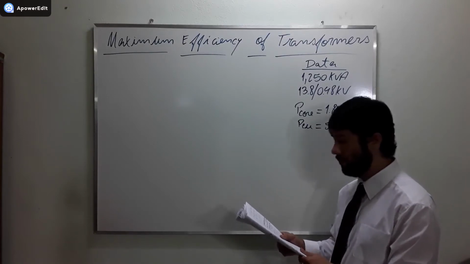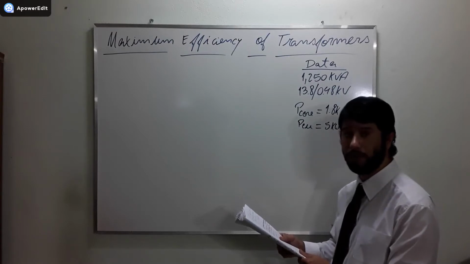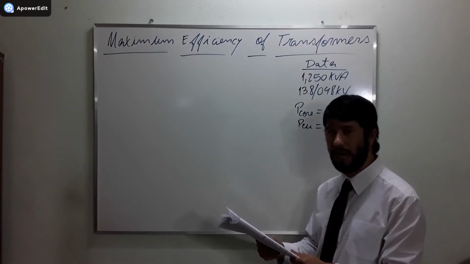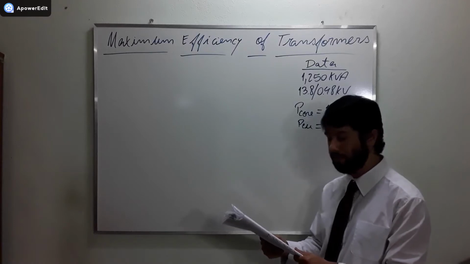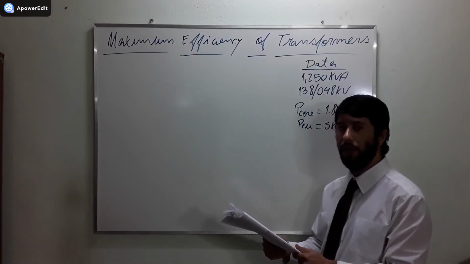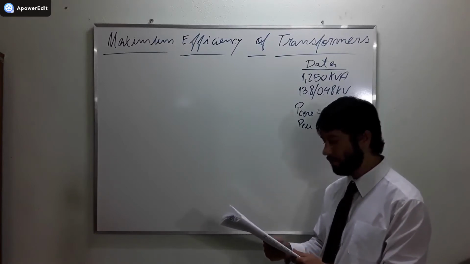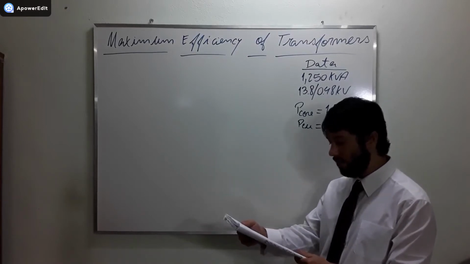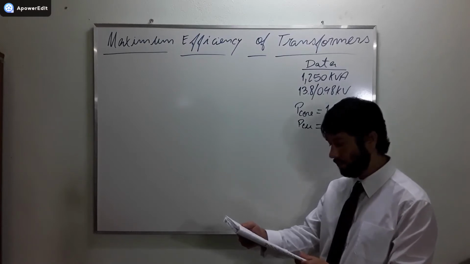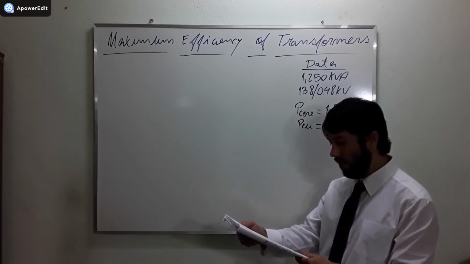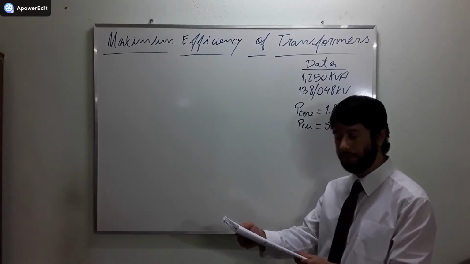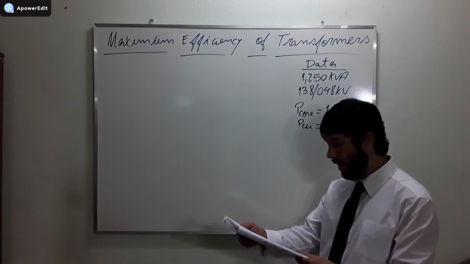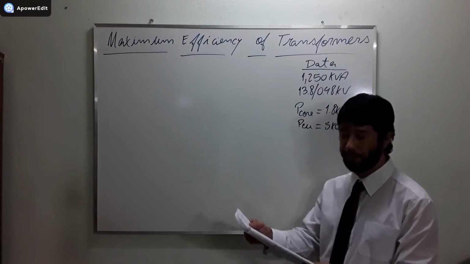In a petrochemical plant, a transformer with the following characteristics was installed: apparent power of 1250 kVA, 13.8/0.48 kV, the primary winding connected in delta, and the secondary winding in grounded Y, presenting no load losses equal to 1.8 kilowatts, copper losses equal to 5 kilowatts at full load, and the power factor of 0.9.